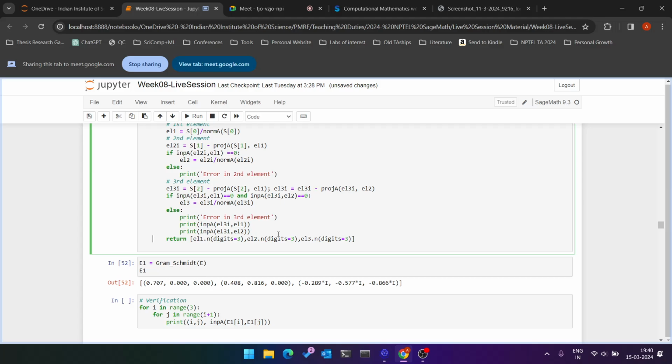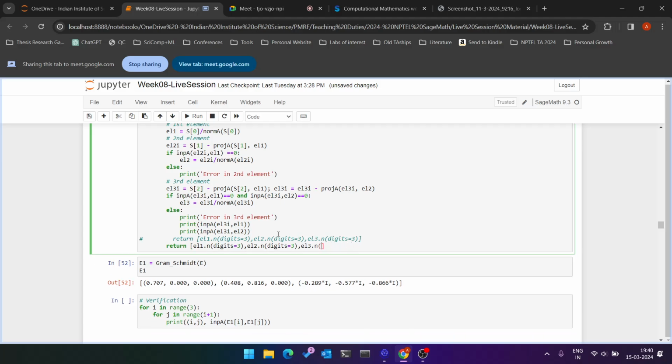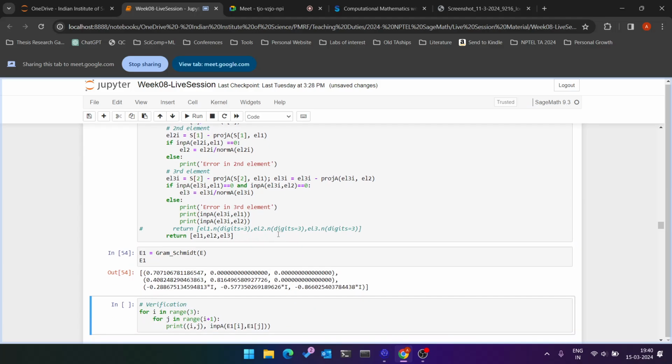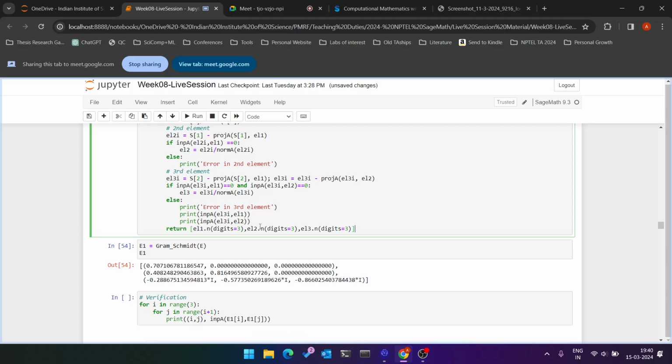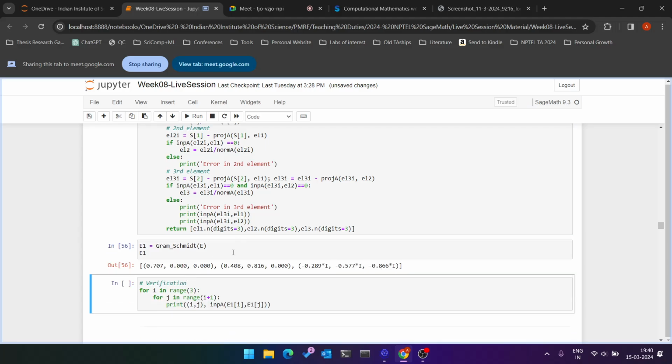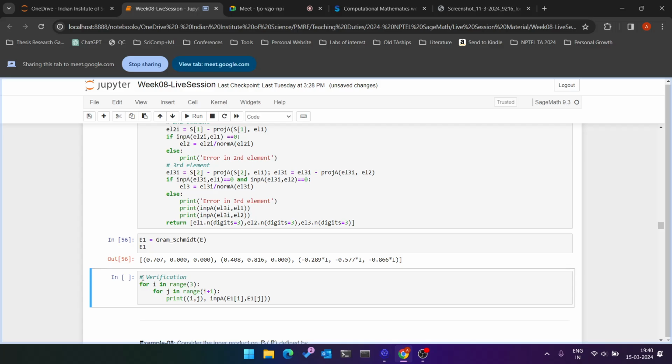Right. So this is how my three orthonormal basis looks like.